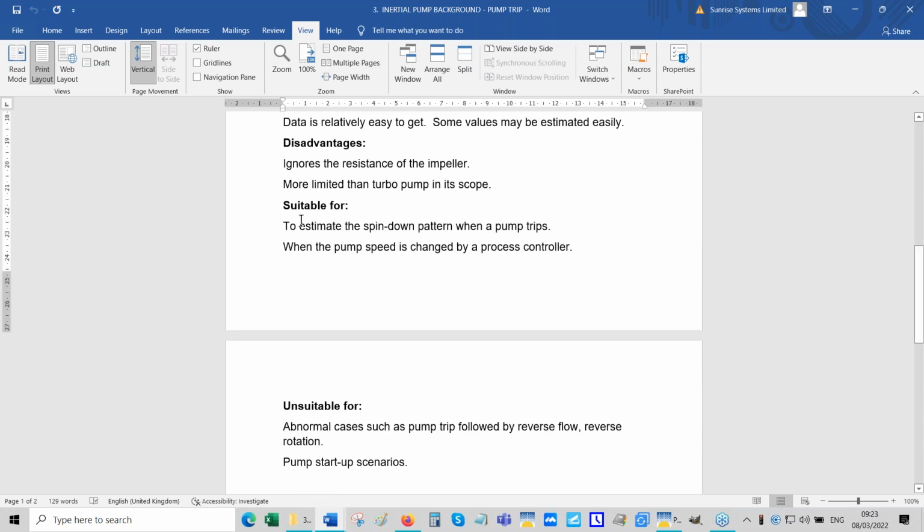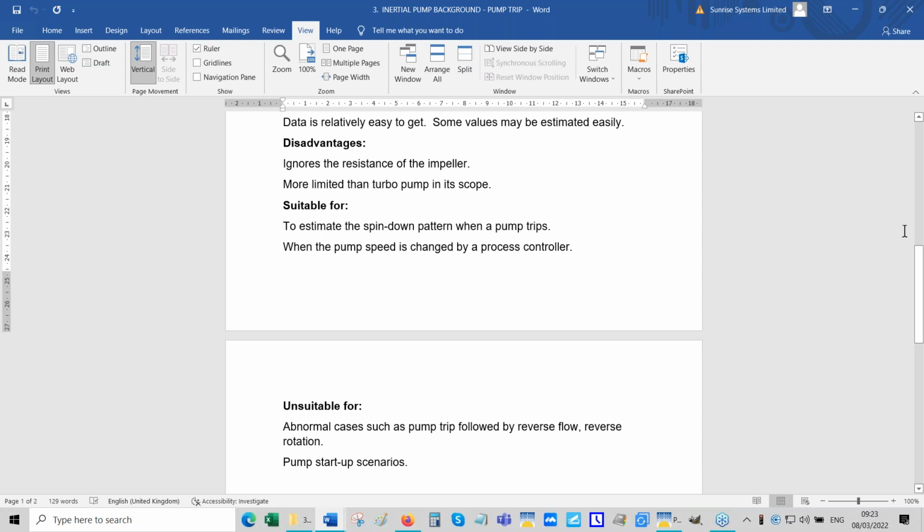It's suitable to estimate the pump's spin down pattern when the pump trips. Of course, you can also change the speed using a process controller or manually. It's unsuitable for abnormal cases such as pump trip followed by reversed flow, reverse rotation, and things like that. It's also not suitable for pump startup scenarios.